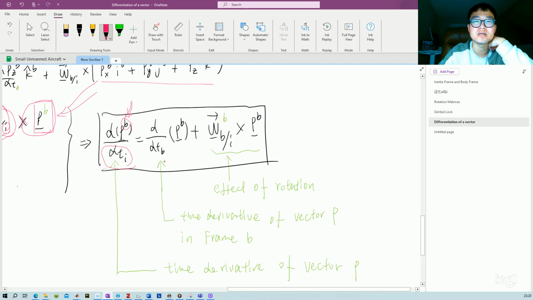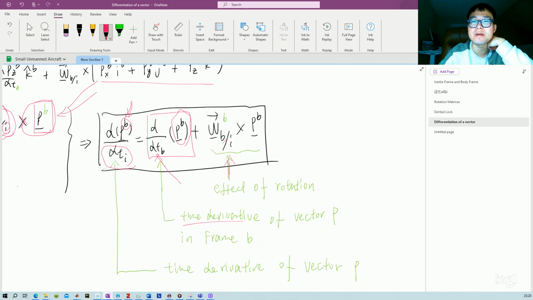It is equal to taking the same vector and taking the time derivative inside the body frame, so there's no rotation here, and this is only time derivative, no rotation, and the rotating effect is essentially separated out here.